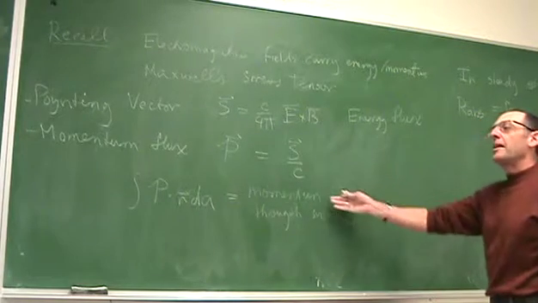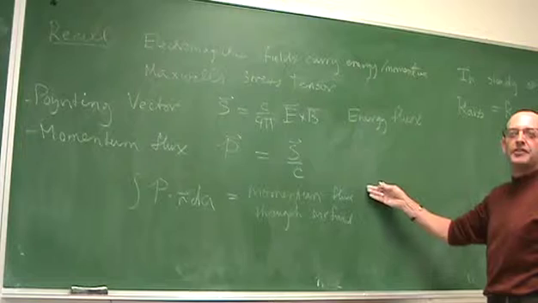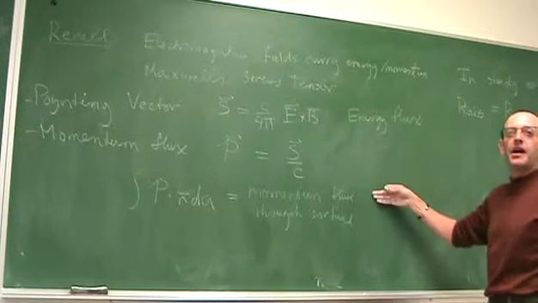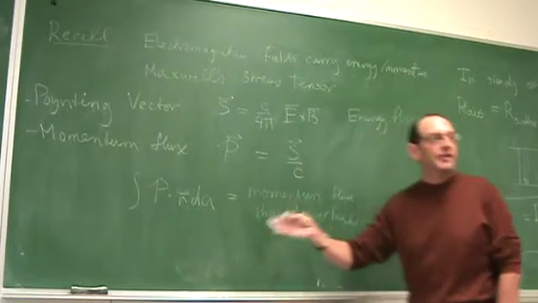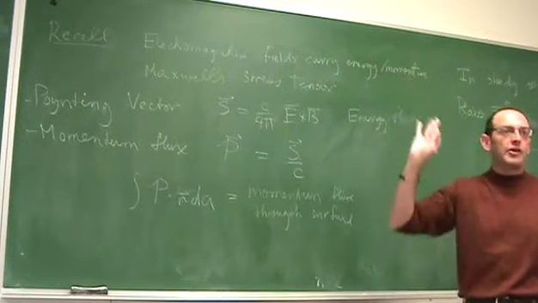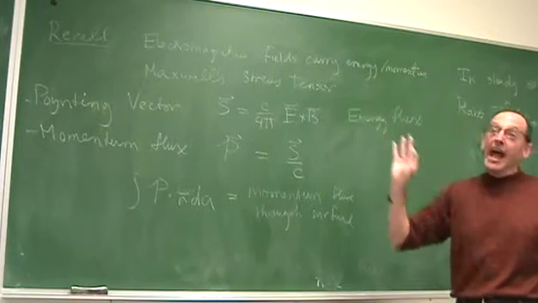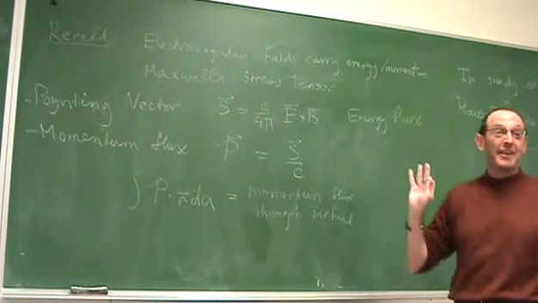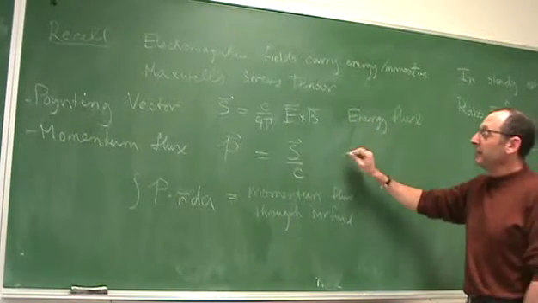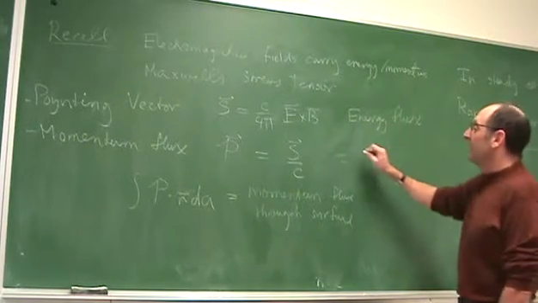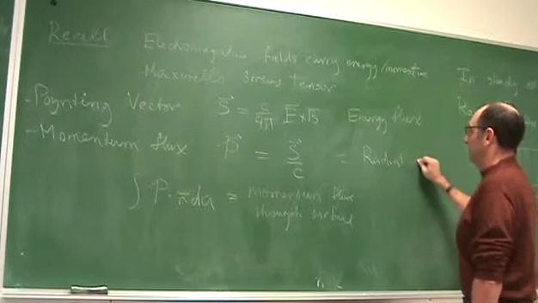And if all of that momentum flux were absorbed, well, what is momentum flux? Momentum flux is momentum per unit time per unit area. If I integrate that through the surface, that's the rate at which momentum is passing through that surface. And the rate of momentum is force. So my momentum flux is another word for radiation pressure.